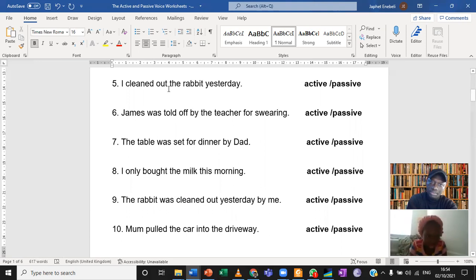I cleaned out the rabbit yesterday. Okay, yeah, this one is right. Of course, this one is straightforward. That's very correct. That's 5 over 5, 50% so far. I have 5 more. James was told off by a teacher for swearing.